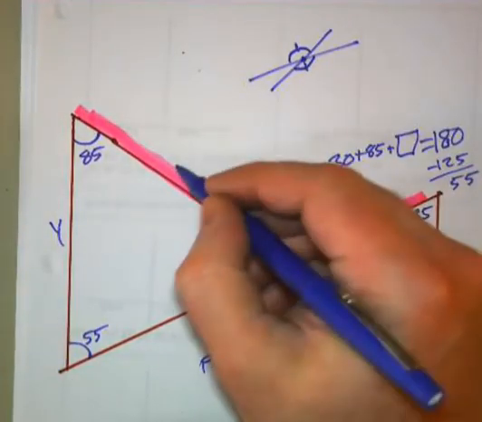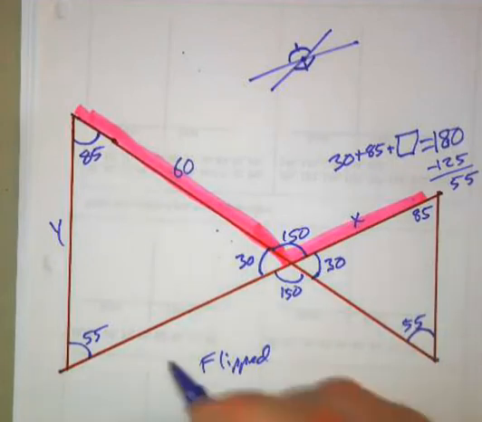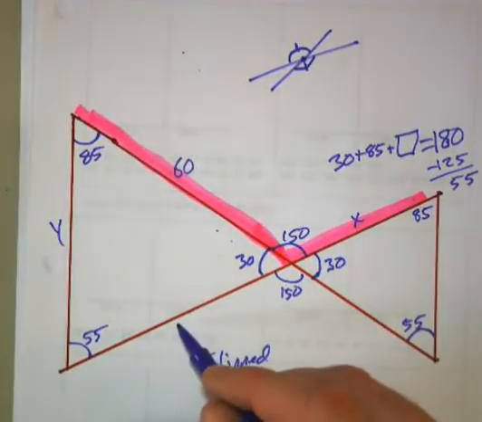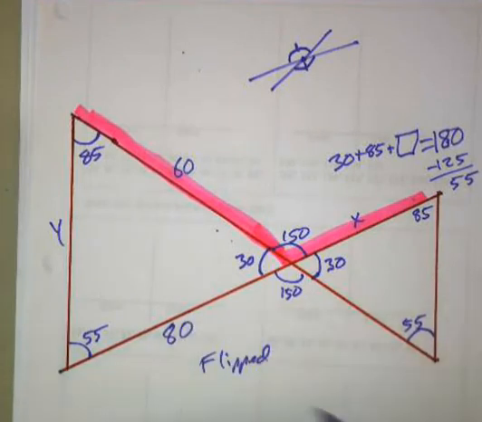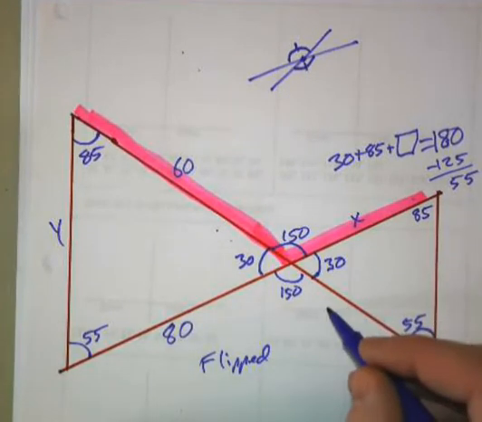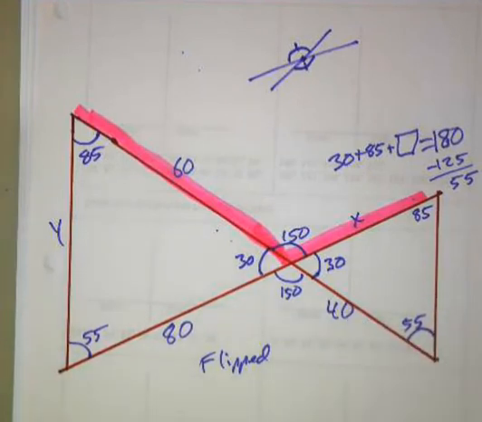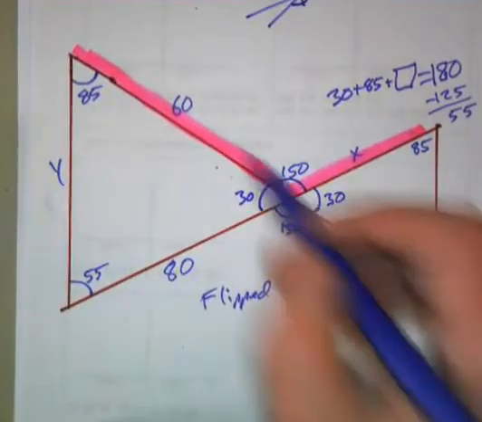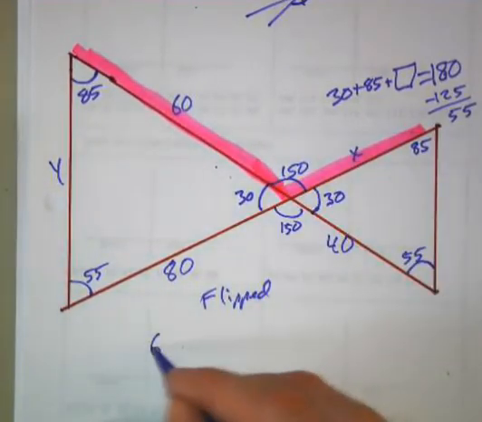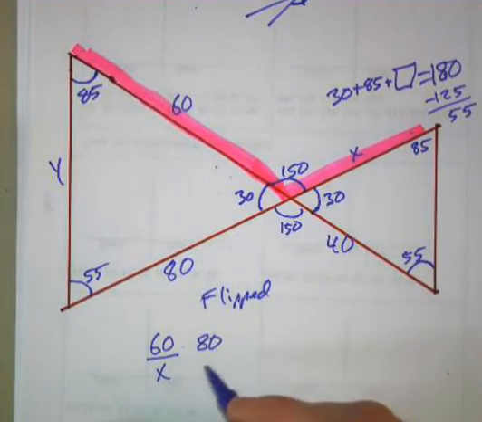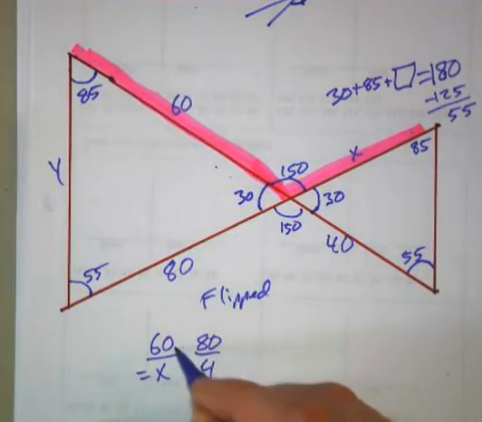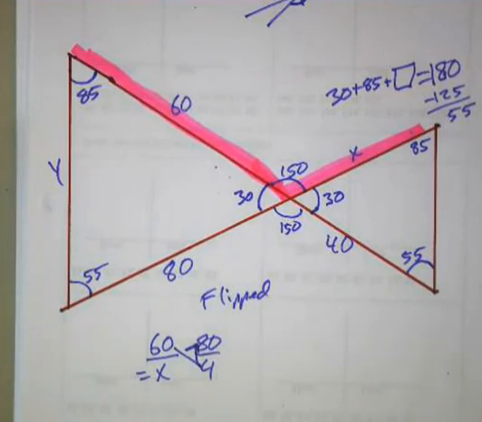So if this is 60, and this we call 80, and this is 40, we would go ahead and be able to set up a ratio. 60 is to x as 80 is to 40, and we could use our cross multiply and divide to find our answer.